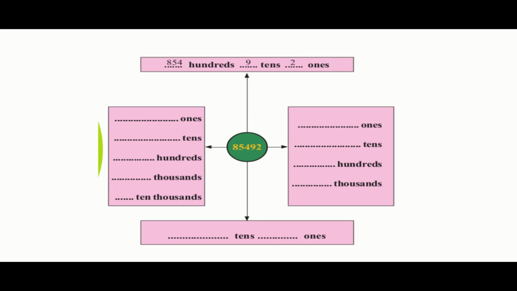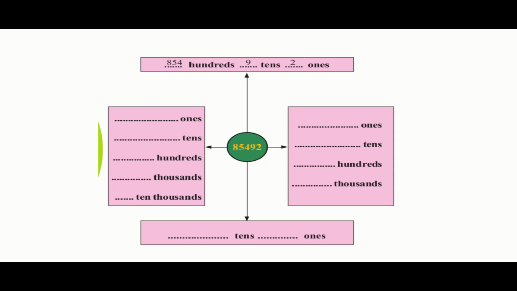Then this is a problem given in your textbook. Here 85,492 we have to write in different ways. One way is already given at the top, that is 854 hundreds, 9 tens, 2 ones.